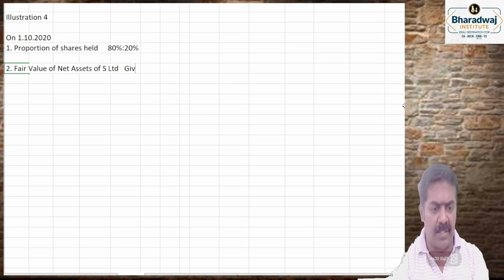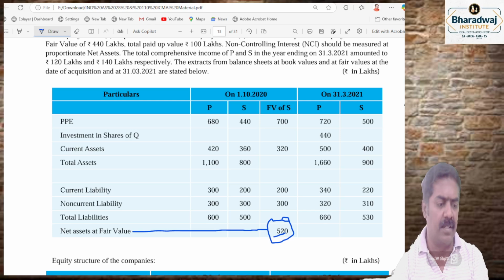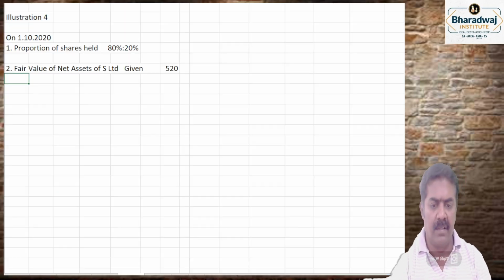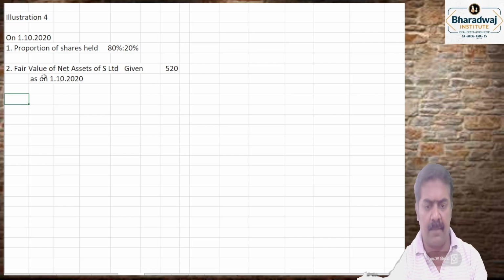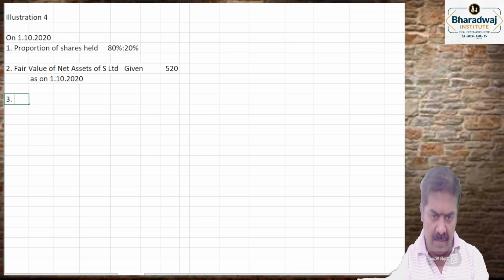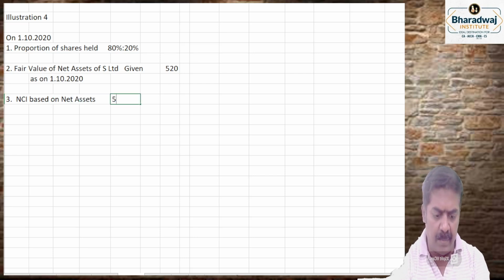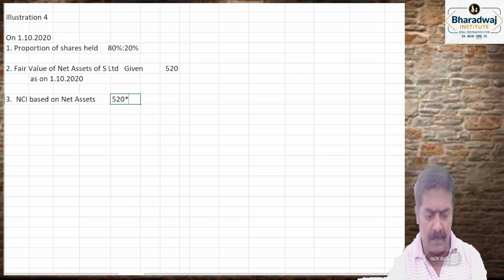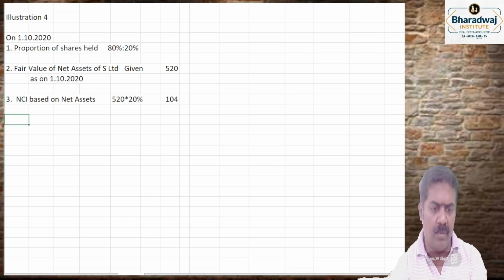That is given in the question, no need to work out: 520. Next, NCI based on net assets: 520 into 20% is 104.